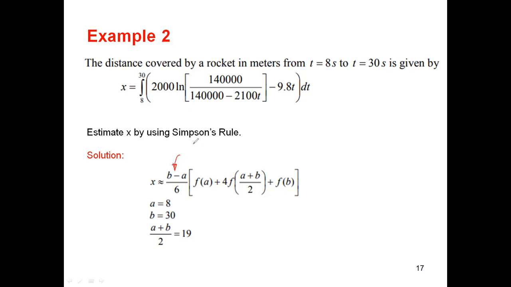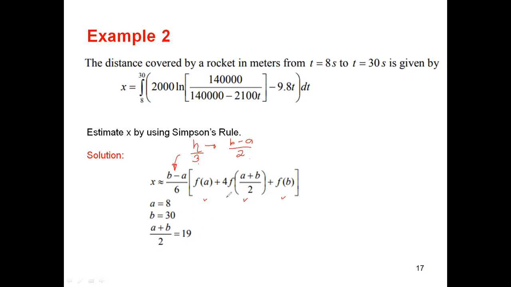Here you have h divided by 3, and this h is actually b minus a divided by 2. I know it's 2 divisions because we only have 3 terms. So you have now b minus a divided by 6. This 3 and this 2 were multiplied, so you have the 6. Your a is 8, your b is 30, and a plus b divided by 2 is 19.